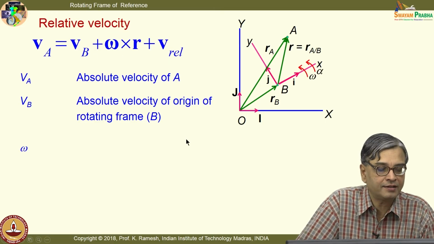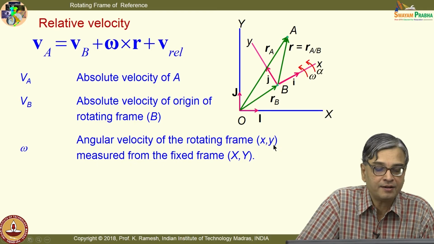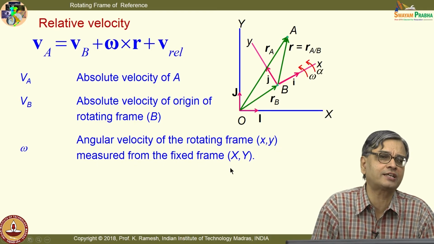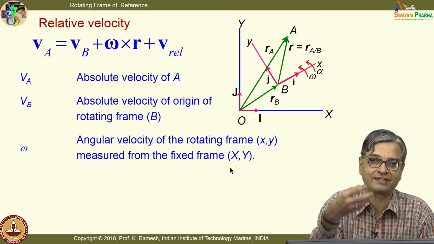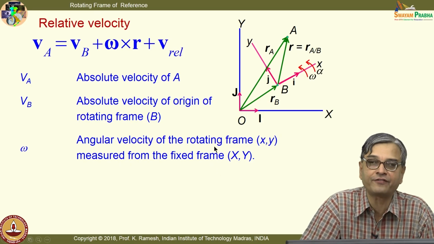And what is omega? Angular velocity of the rotating frame x, y measured from the fixed frame. Usually, the problems are constructed and you are in a position to make that device only by attaching a motor. You know what is the rotation of the motor. So, you essentially get only the relative quantity. So, this is the angular velocity of the rotating frame.